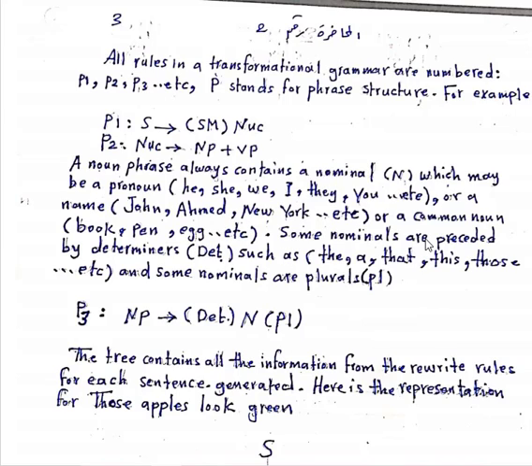Some nominals are preceded by determiners. We refer to determiner by DET, this acronym. That means the determiners which we put before the noun, such as the, a, that, this, those, etc. And some nominals are plurals, which we refer to by PL.